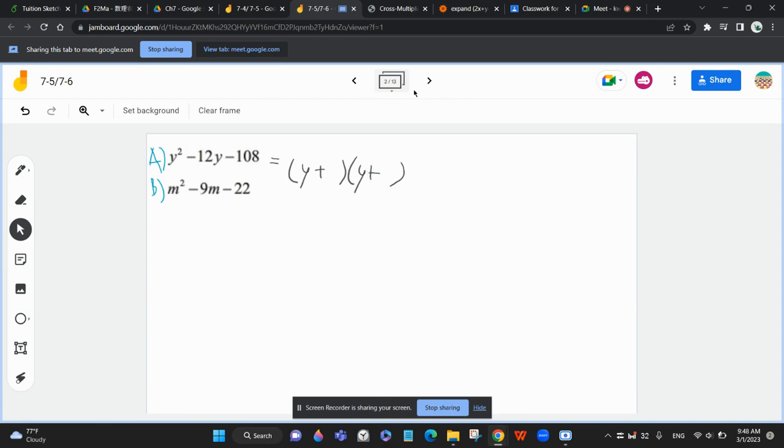But if both of them are positive, then if you see the constant term, they multiply together, they will produce a positive. But this one is a negative, right? So it means that one is positive and one is negative.